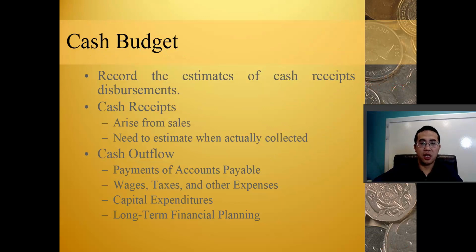Just like the Excel project we did, when a sale occurs, some of the payment is made upfront in cash, some of it will be paid a month later, and some will be paid 2 months later. And you also need to consider cash outflows, like payments to accounts payable, wages, taxes, and other expenses, and these are all in the Excel exercise we did together.